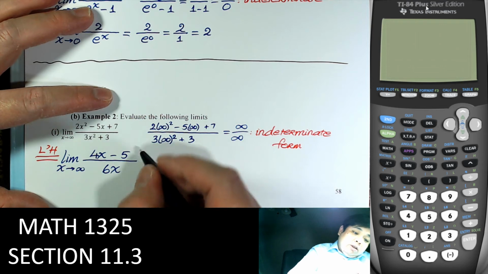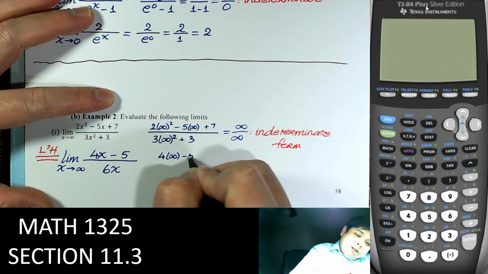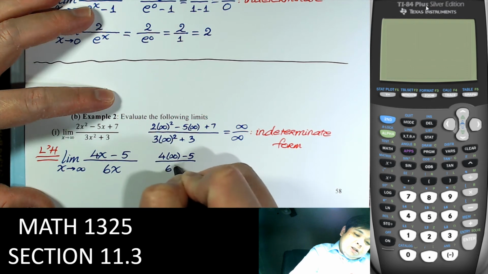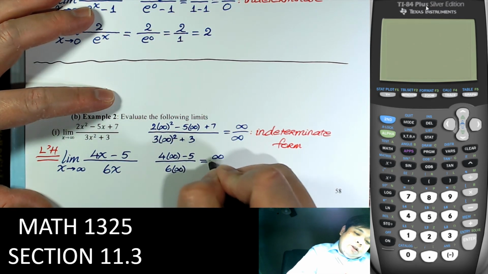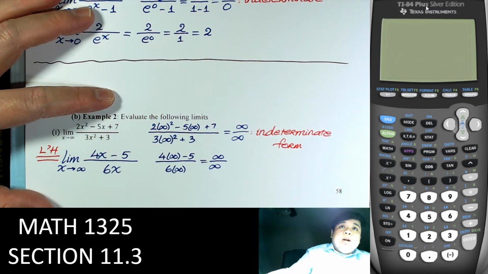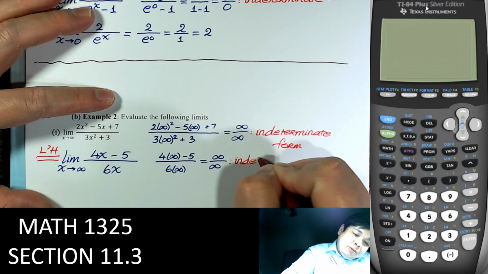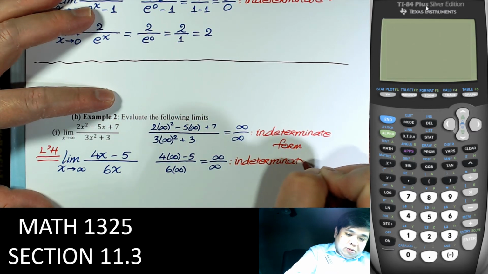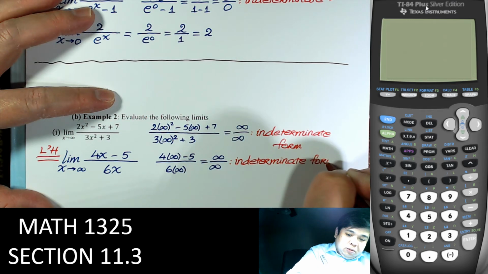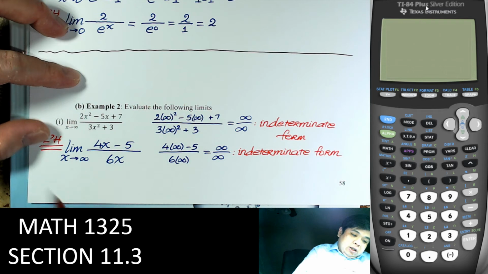Same thing, put in infinity. So we have infinity over infinity, and also an indeterminate form. So we can use the L'Hôpital rule.